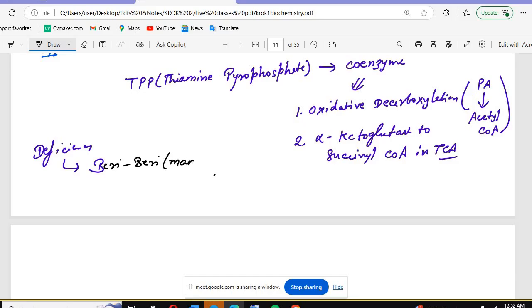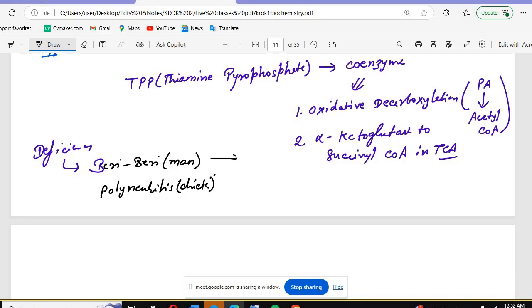But the same thiamine deficiency causes polyneuritis in chicks. What happens in beriberi? There is accumulation of intermediates of carbohydrate metabolism like lactate, pyruvate, and oxaloglutarate, and that will cause neuritis.